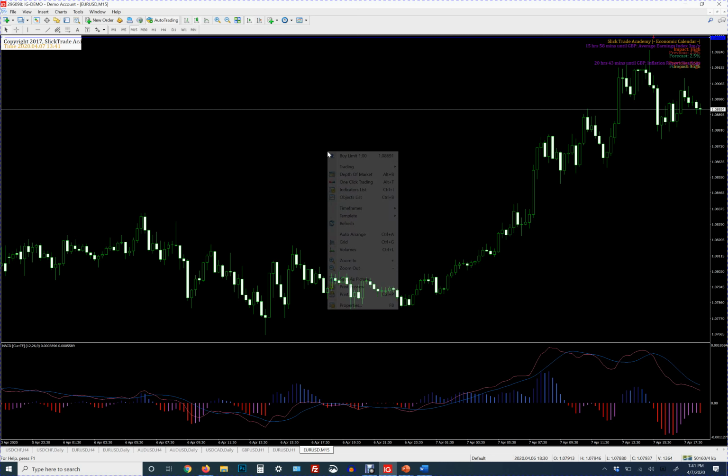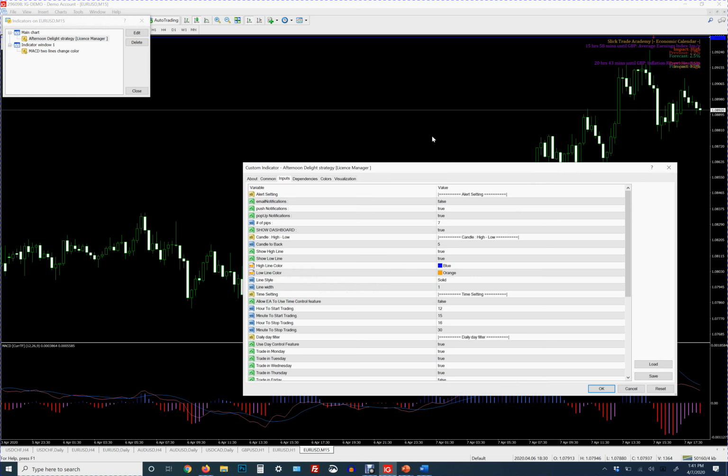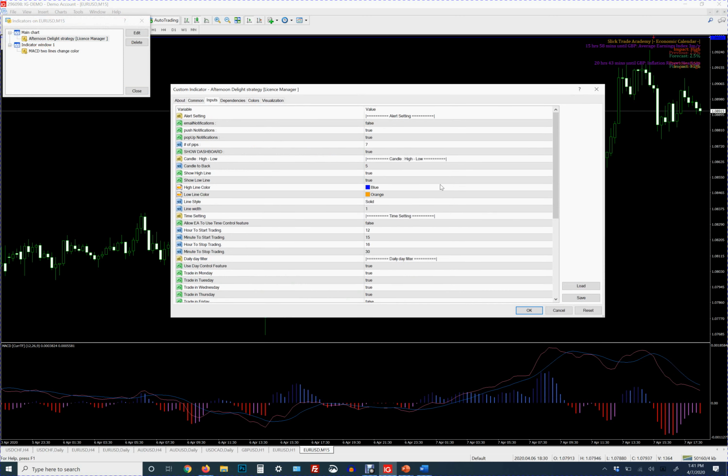However, we have a feature in here that allows for X amount of pips. This is the number of pips to go above or below.